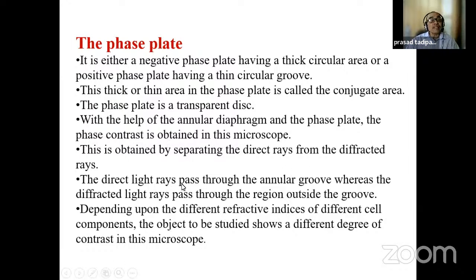The direct light rays pass through the annular groove, whereas the diffracted light rays pass through the region outside the groove. These two experience the different refractive indices of different cell components, and they travel to a different degree and at different velocities. So they reach finally and form a contrast in the imaging.